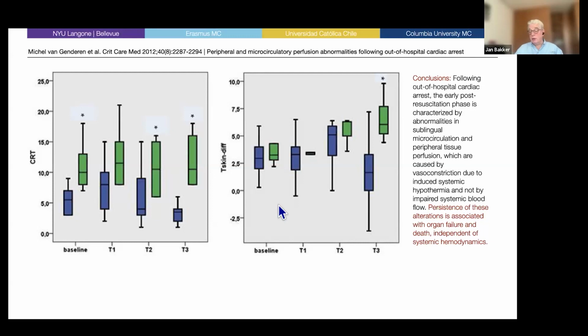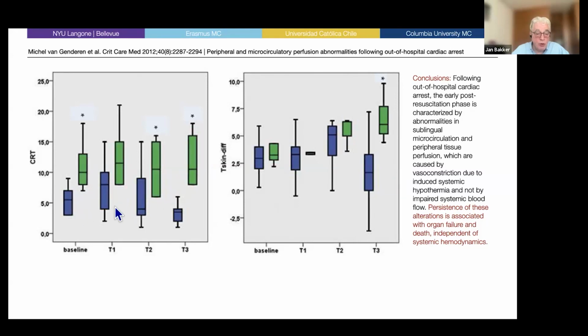Now, that's what we do in cardiac arrest. We cool the patients, and so we make the capillary refill time or the temperature difference in the skin abnormal by definition. But interestingly, in the patients that ultimately die from cardiac arrest, they are abnormal, just like the patient that survived, but they stay abnormal. So these are the patients that die.